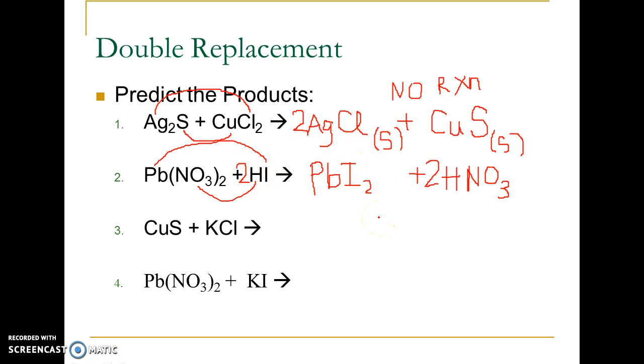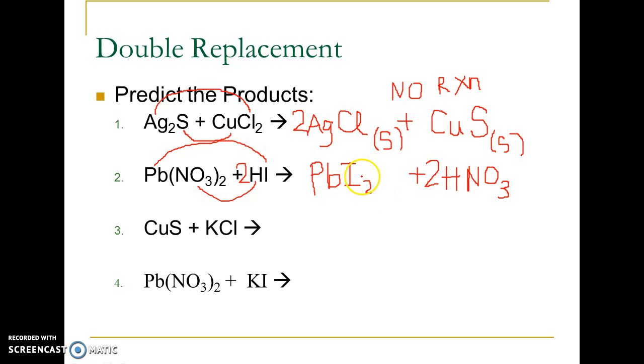Now I'm going to use my solubility rules to determine which one is the solid and which one is aqueous in order for this reaction to occur. So I'm going to look for iodine, where it says iodine in the solubility rules. If I look at the second bullet underneath soluble, it says that all iodides are soluble except for when it's paired with silver, lead, or mercury.